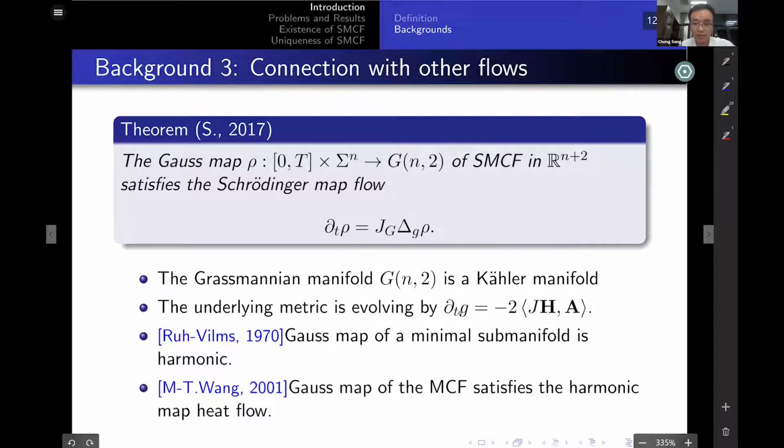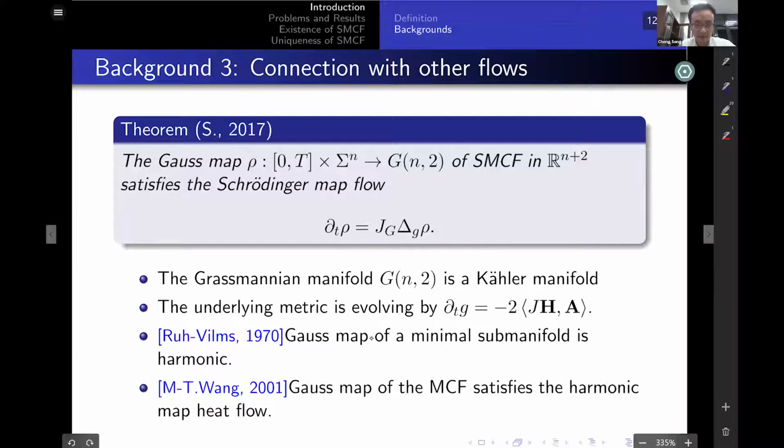And actually you have this equation of the evolution of the metric. So it's more difficult than the traditional Schrodinger map flow where the underlying metric is fixed. So actually this equation does not live alone. It's a coupled system with this evolution equation of the metric.